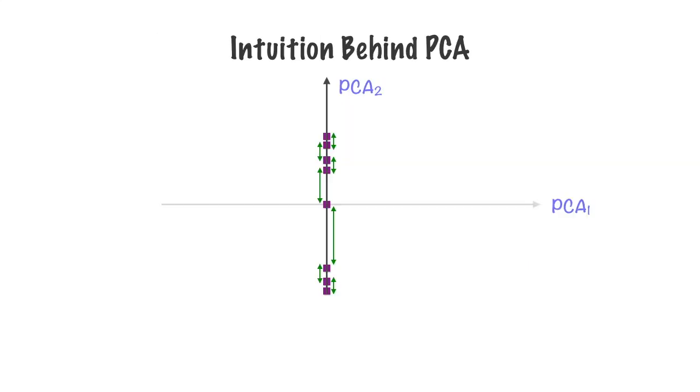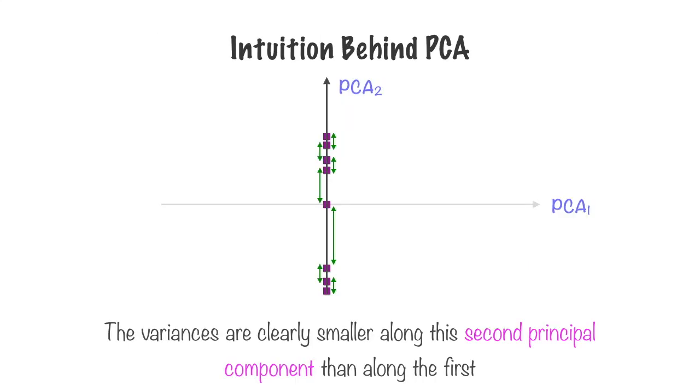By definition, the first principal component is chosen such that it captures the highest variance in the input data. The second principal component will clearly have smaller variances as compared with the first. The principal components are named the first principal component, the second principal component, and so on in the descending order of the amount of information captured by each of these components.